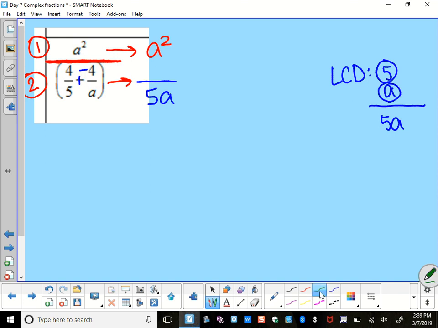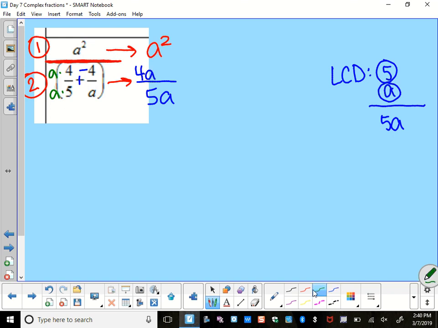All right, your first fraction here, 4/5. I have the 5 for my new denominator. What am I missing? 1, I already have the 5. I'm missing the a. So what I do to the bottom, I do to the top. And so 4 times a, you get 4a on top.